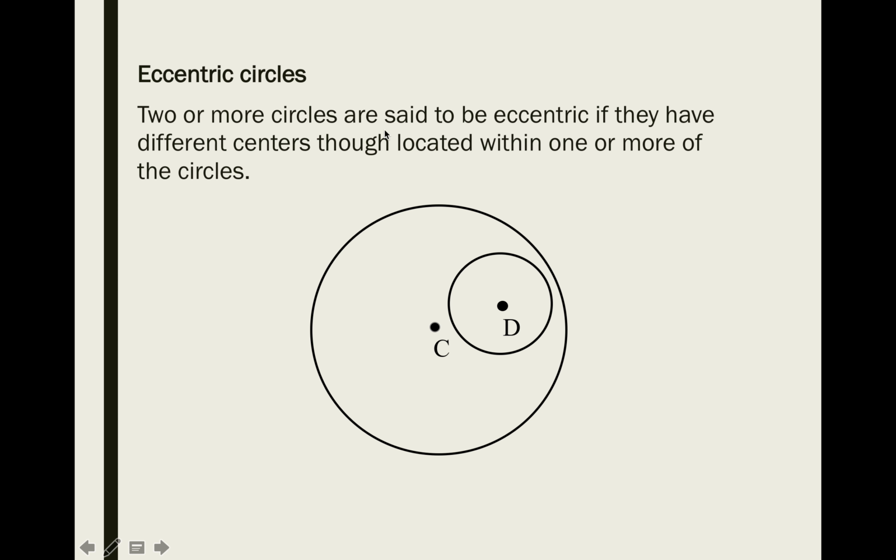Eccentric circles are two or more circles said to be eccentric if they have different centers, though located within one or more of the circles.